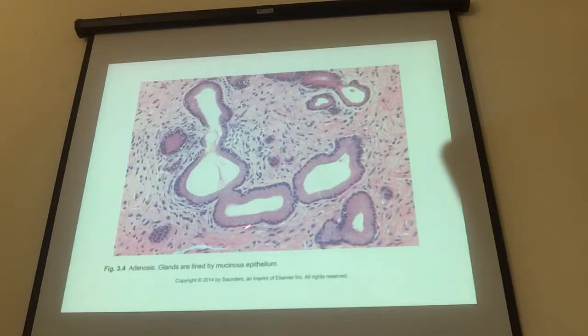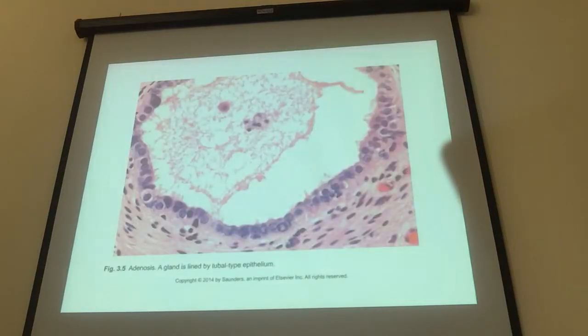Sometimes it's this type of mucinous epithelium. Sometimes it can be more squamoid or papillary. This is clearly endocervical type squamous mucosa. Here's an example with ciliated epithelium. So you can also get tubal type of epithelium as well.